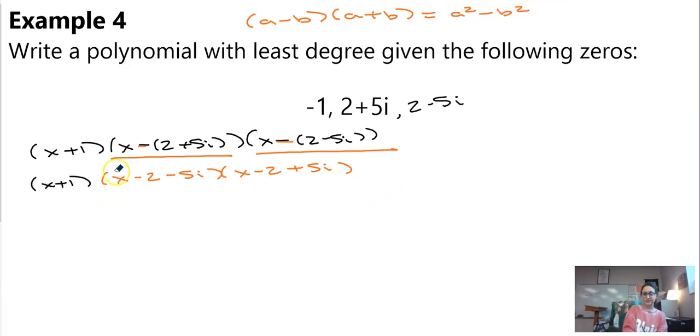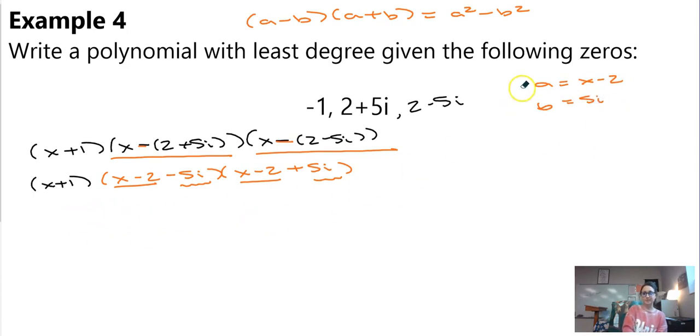Here's what I want you to think of it this way. Think of x minus 2 as your a, and think of 5i as your b. See how you have a minus b times a plus b. Do you see that? So again, in our case, a is x minus 2, and b is 5i.